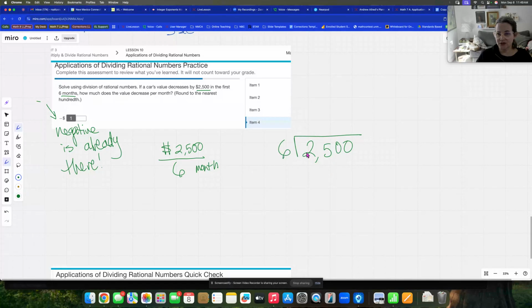6 doesn't go into 2, it does go into 25, 4 times. Bring down a 0. 6 goes into 10 one time. Bring down a 0. 6 goes into 40, 6 times 6, I think, is 36.